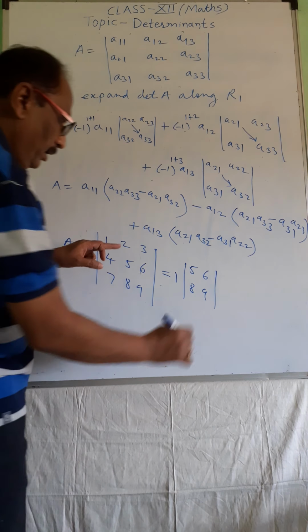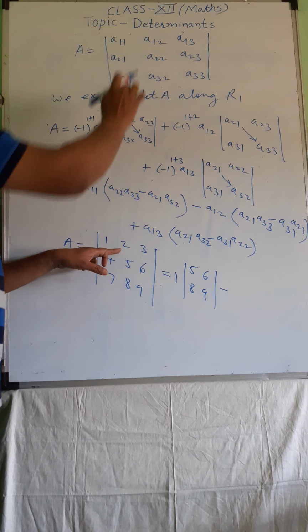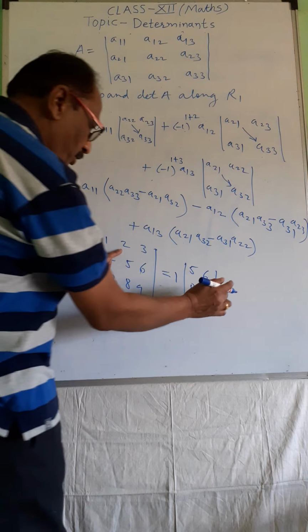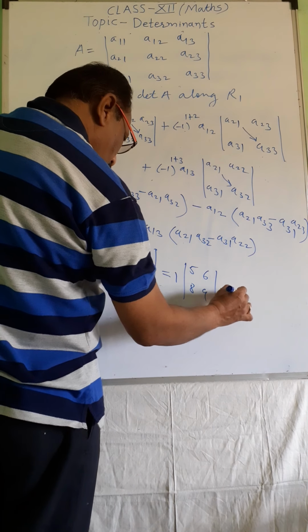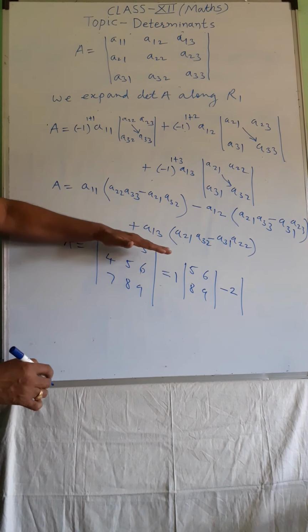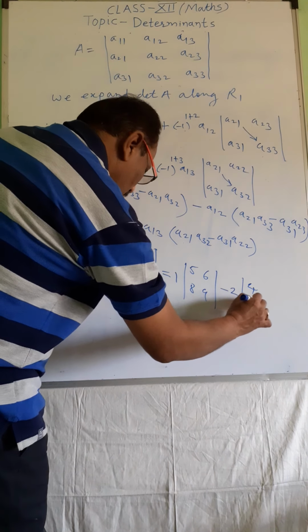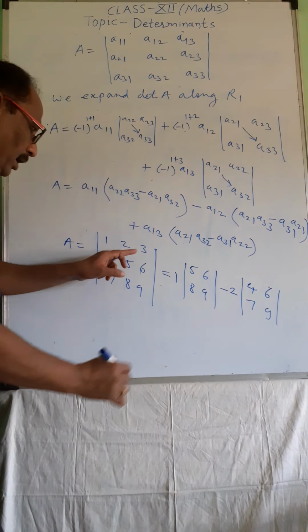Then the second one is minus, A12, minus 1 raised to power 3, minus 1 cubed, means negative, minus the element itself, that is 2, into, delete first row and second column, means 4 6, 7 9.